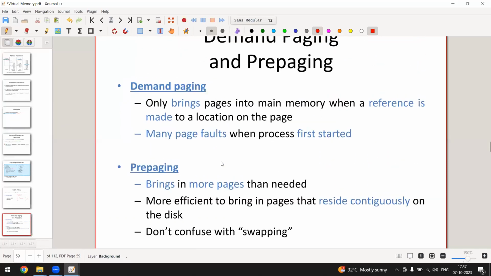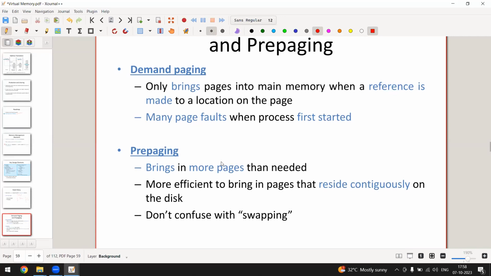So definitely demand paging and pre-paging have their own advantages and disadvantages. While demand paging has many page faults when it is started, pre-paging has fewer page faults. On the other hand, the disadvantage of pre-paging is that you require more space than needed, right? If you require 5 pages and you bring 10, then you require additional memory to accommodate those pages.